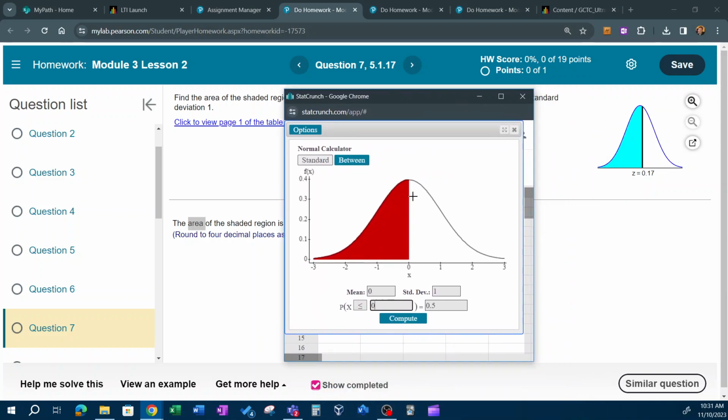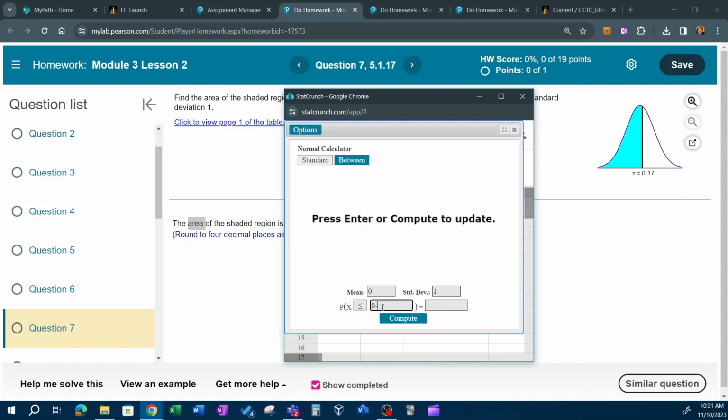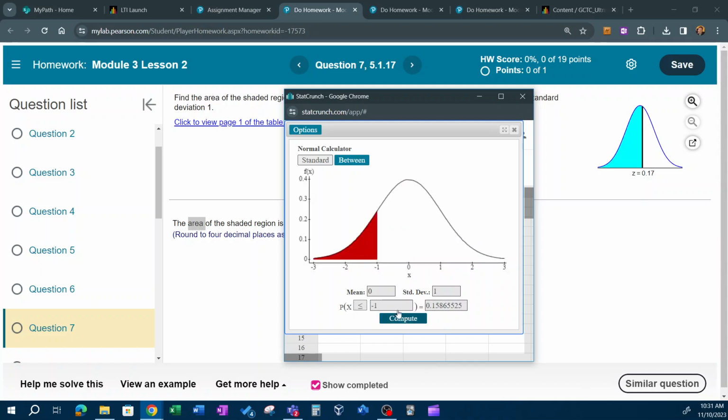And so what is that box? It's the boundary of this red line. Like if I put in, let's say, a -1 here, -1, all right? That's the boundary of the red line here, of the red region. And this box shows you the area of the red region.